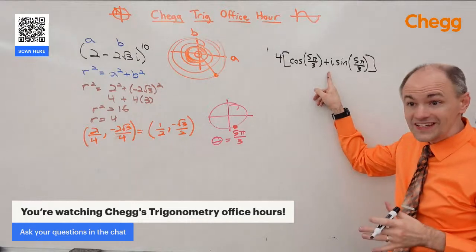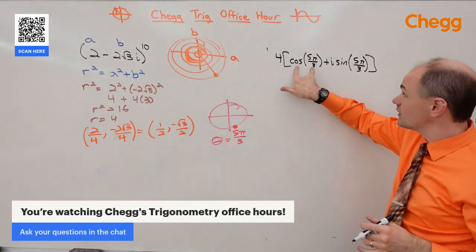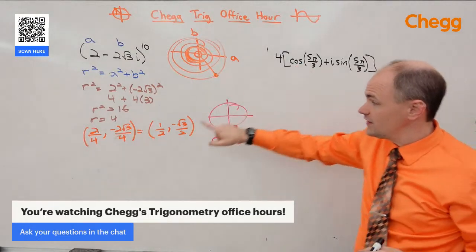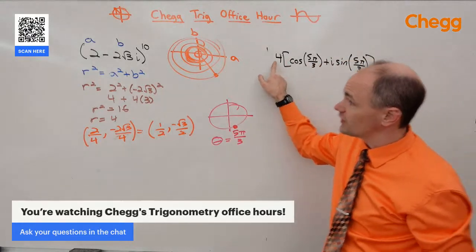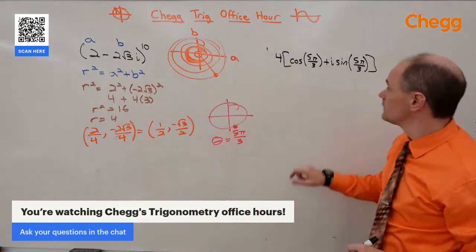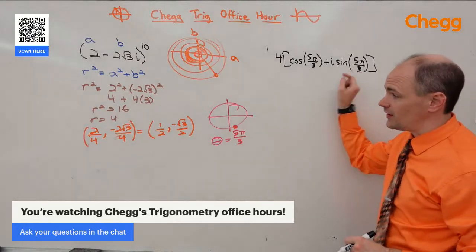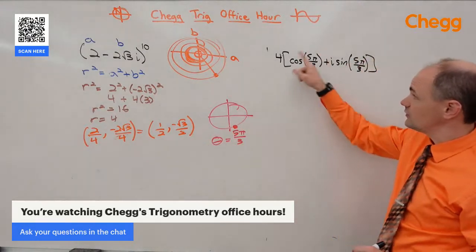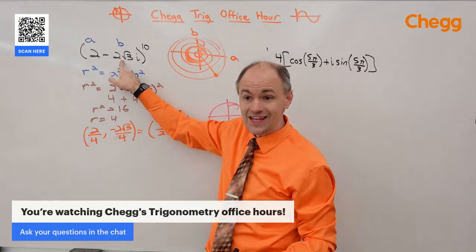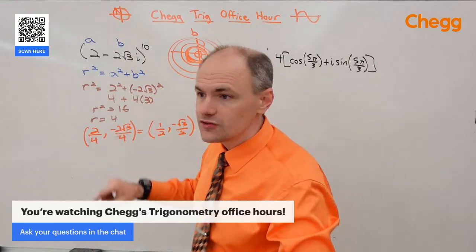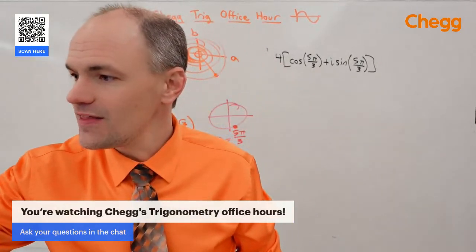And if you don't believe this, you can just evaluate the cosine of 5 pi over 3. That's 1/2. 1/2 times 4 is 2. You can do the sine of 5 pi over 3. That's negative root 3 over 2. Times the radius of 4, that's negative 2 root 3. So it's exactly the same thing.